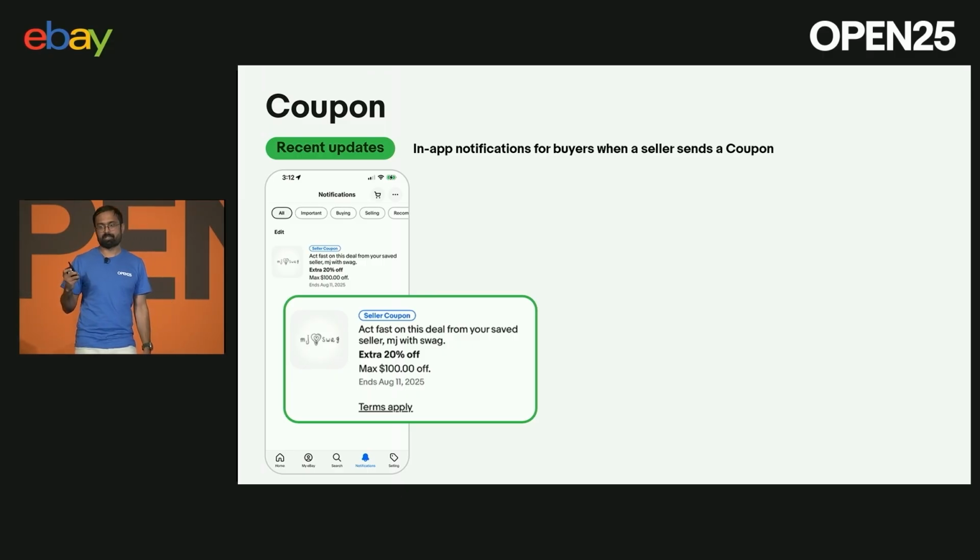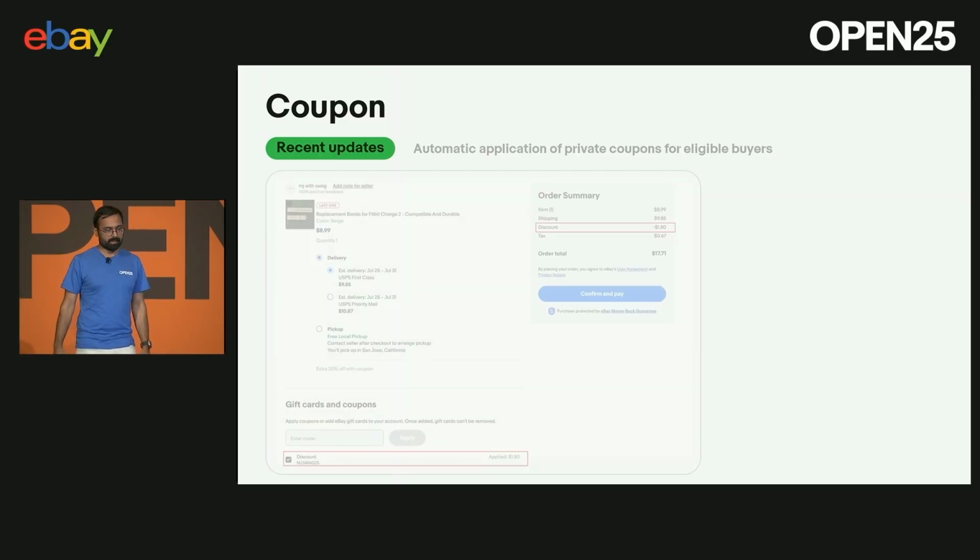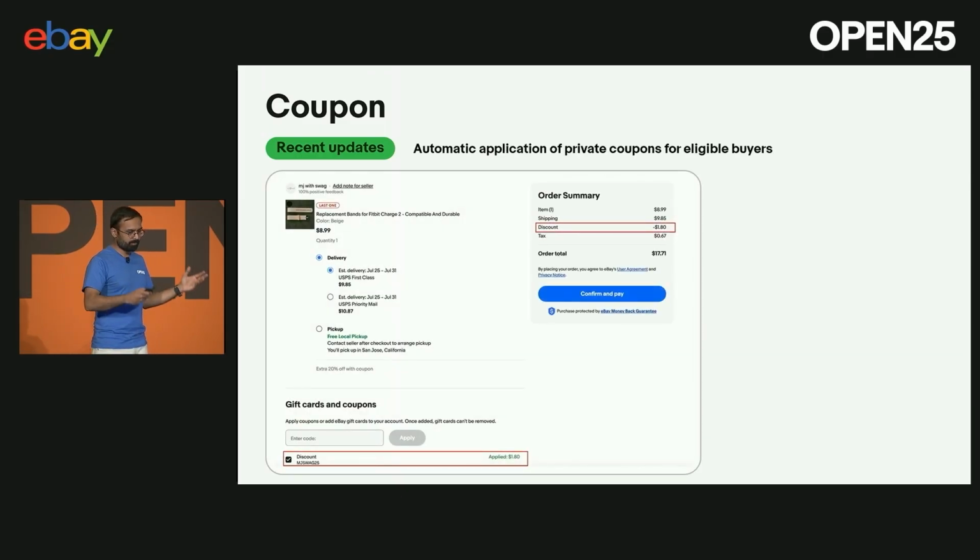We can capitalize on that moment as well. Towards transparency, there were times when we were not showing this discount on the cart or checkout, and buyers were confused about what happened with the coupon, and now we're just generally driving more enhancements.